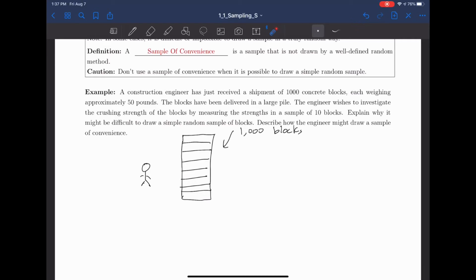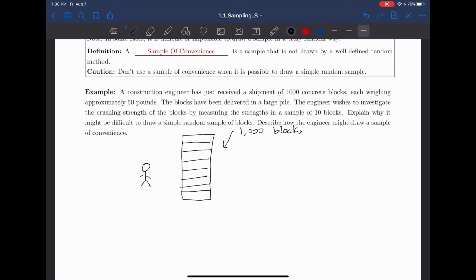If we do a simple random sample, we could possibly choose a brick way at the bottom, and you would have to lift all the other bricks off to get to it. It's very time consuming, very difficult, and not very productive.